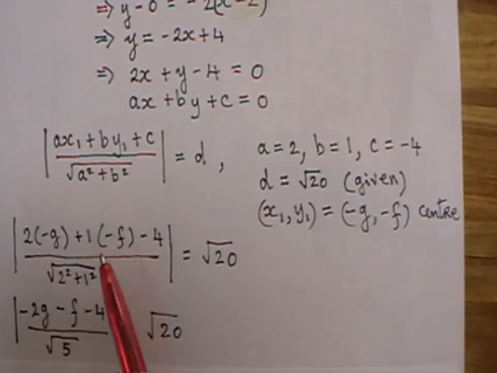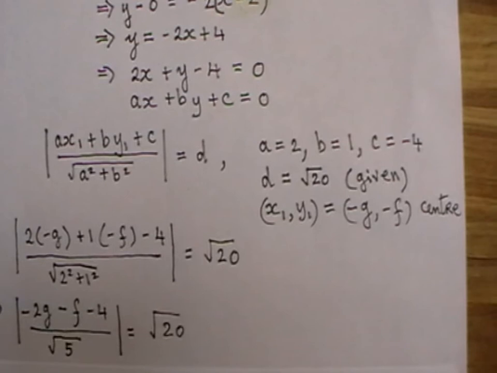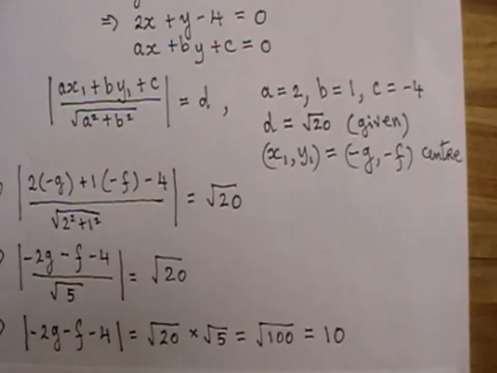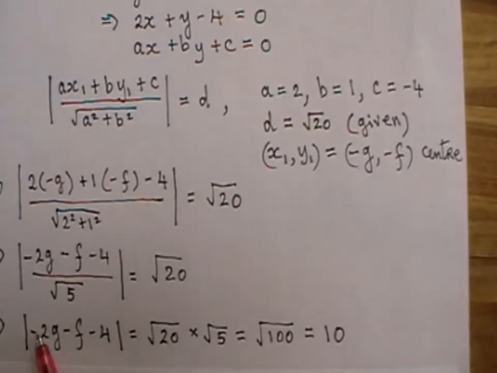The absolute value of -2g minus f minus 4 over root 5 equals root 20. So the absolute value of -2g minus f minus 4 equals root 20 times root 5, which is root 100 or 10.